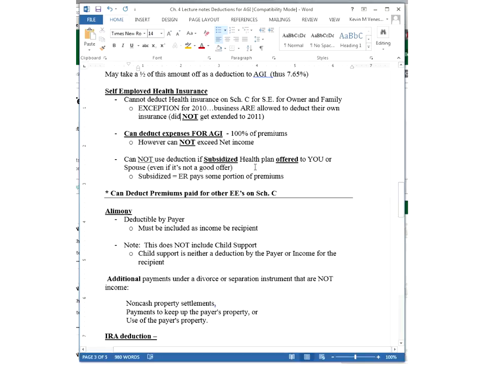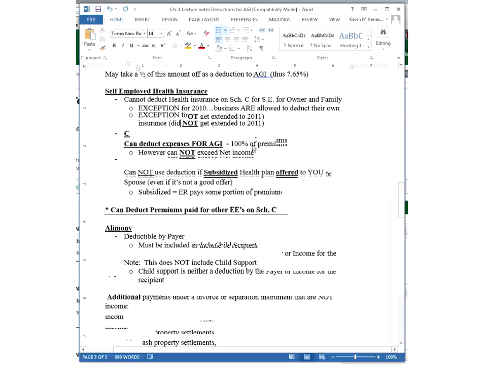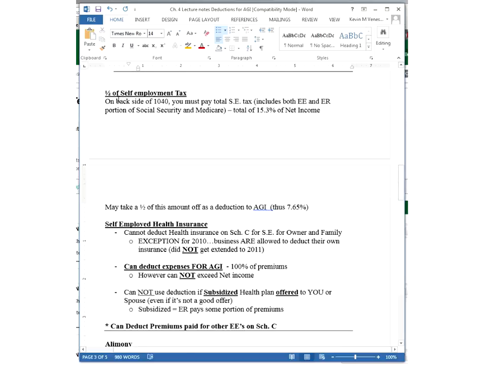The big difference is for the half of self-employment tax. This half of self-employment tax is on your net income for the business.